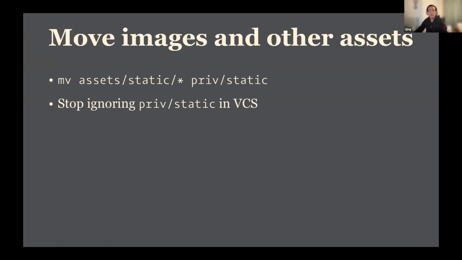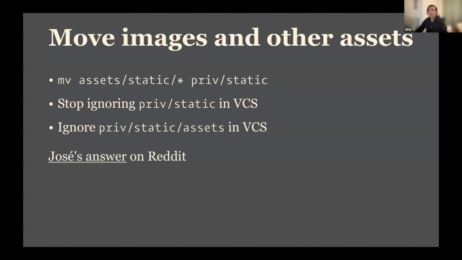In fact, they should be committed to Git or whatever version control system. Then we do need to ignore priv/static/assets because that's where esbuild puts the compiled JS and the CSS files. Of course, if you want a confirmation, check out José's answer on Reddit.